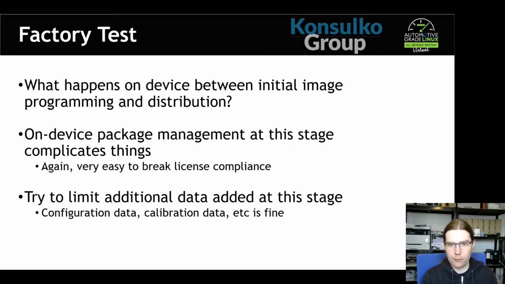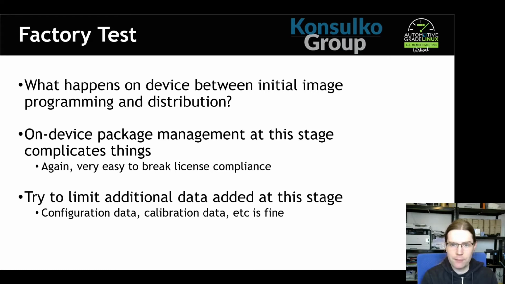And this also applies to any sort of factory test or factory programming process. So what actually happens on the device between the stages of programming an initial image and then that device actually being shipped out to customers. So if you use something like on-device package management to install things that are used during your test process, it's very, very easy to break the license compliance process at that stage.